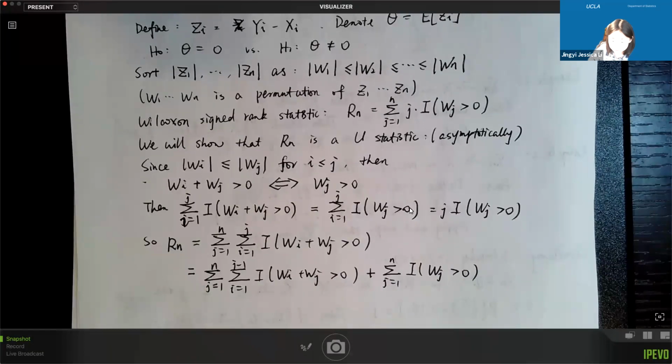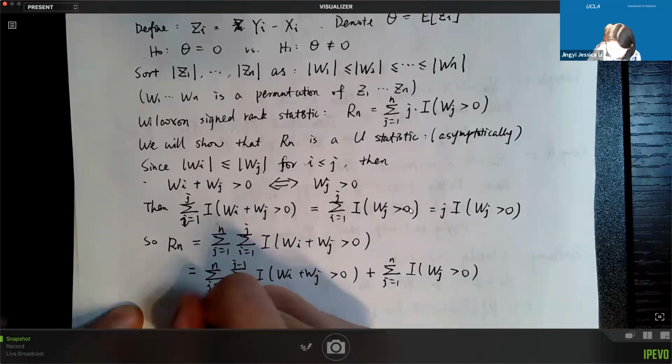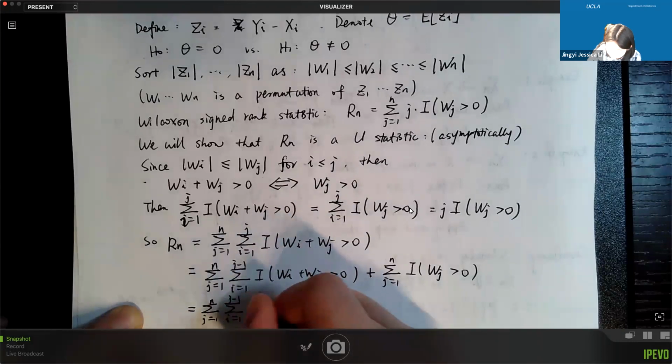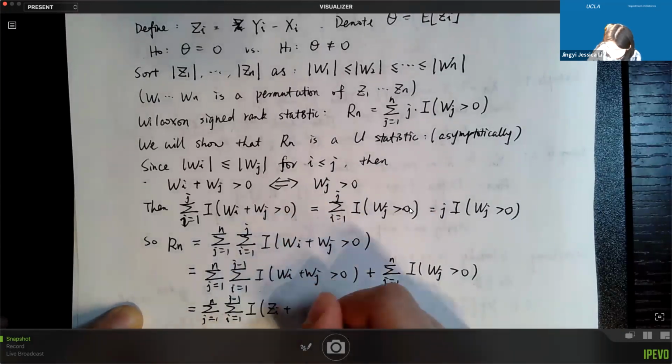So we can rewrite the first term as j from 1 to n, i from 1 to j minus 1, indicator Zi plus Zj greater than 0.